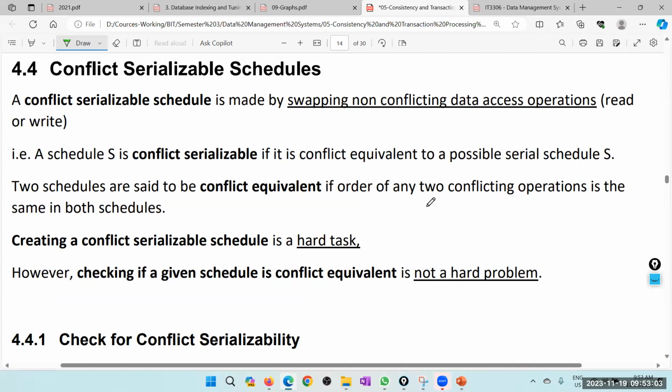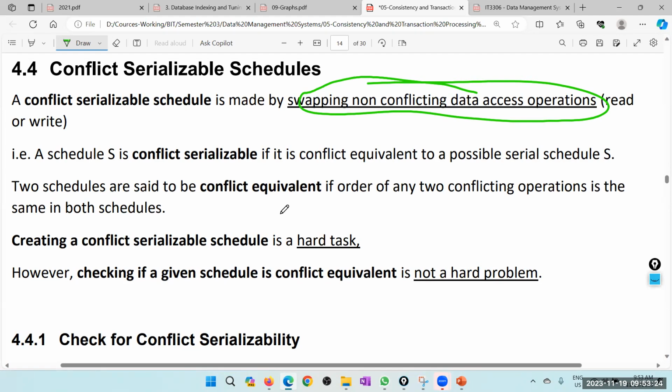Right. So what is meant by a conflict serializable schedule? A conflict serializable schedule can be made by swapping non-conflicting data access operations. Non-conflicting operations we can swap.